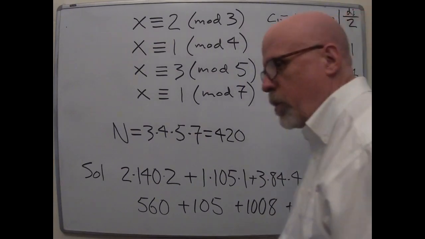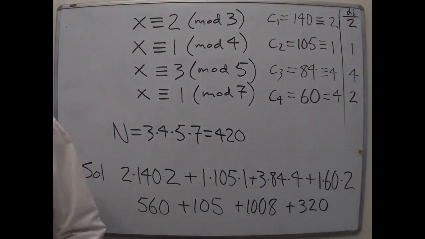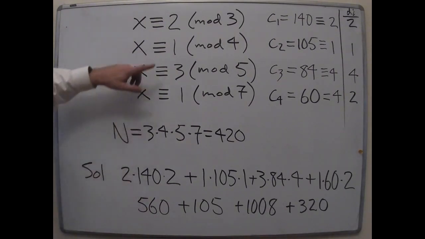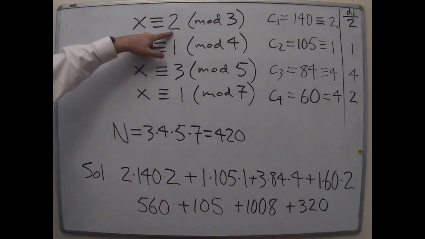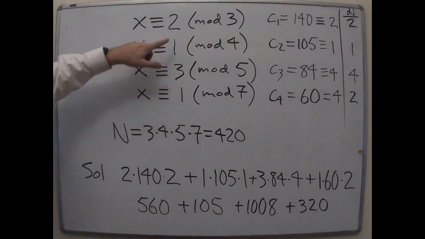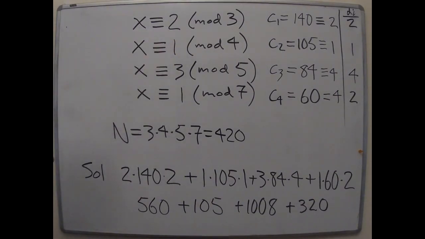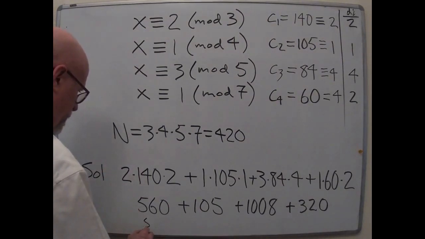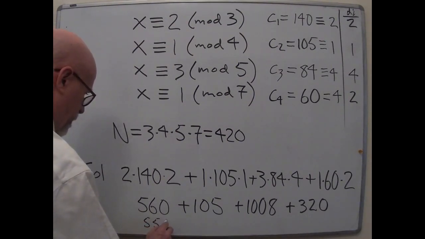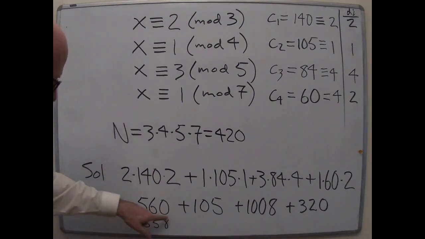Now what do I want to observe about these numbers? Well, that they're each the correct value modulo the position we're in. The first one is 2 mod 3. You might be able to check that. If this is 2 mod 3, what should be a multiple of 3? The number 2 smaller than it. So it's 558. Add up the digits.